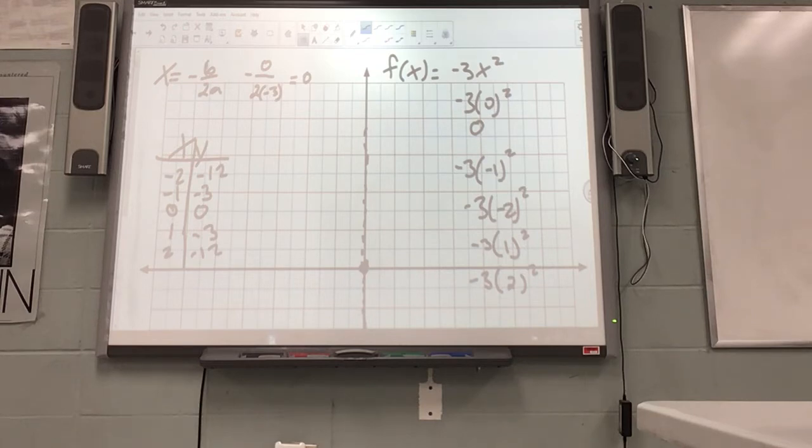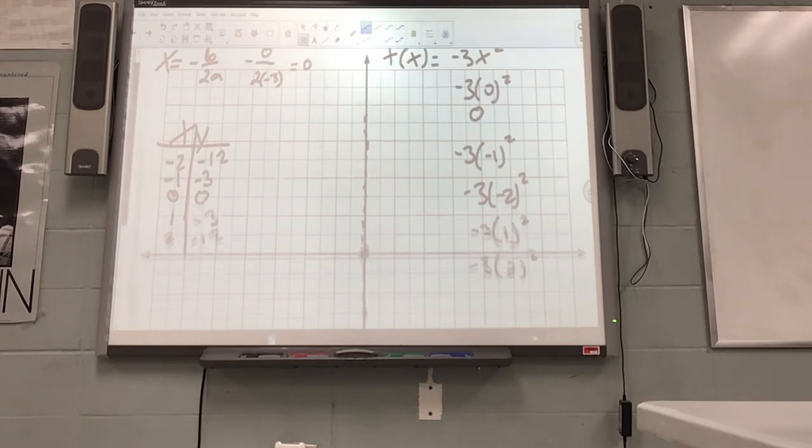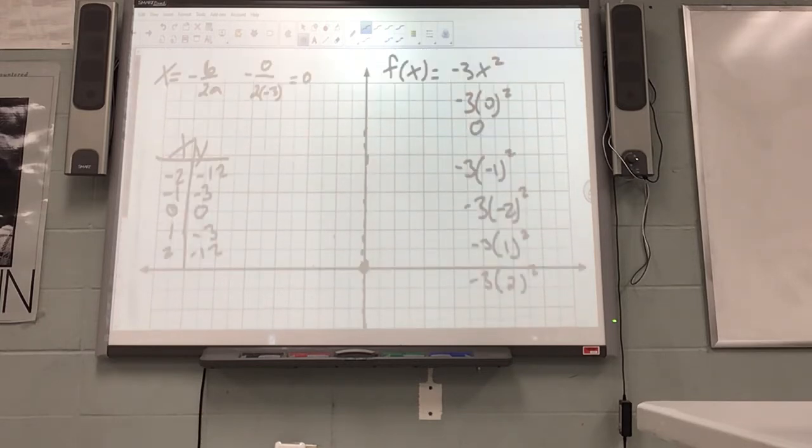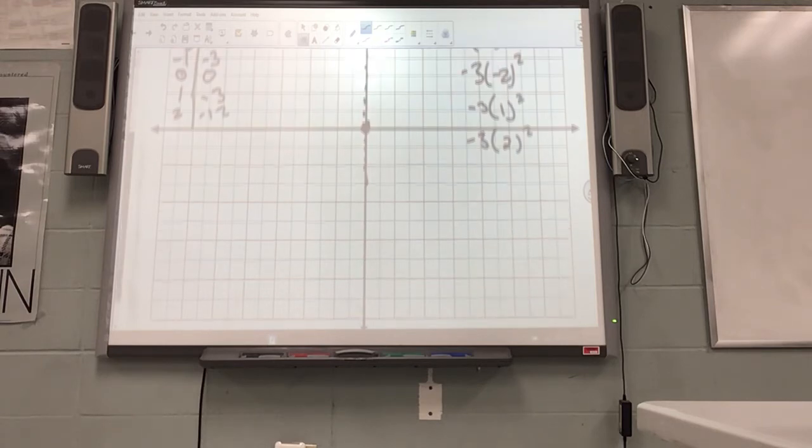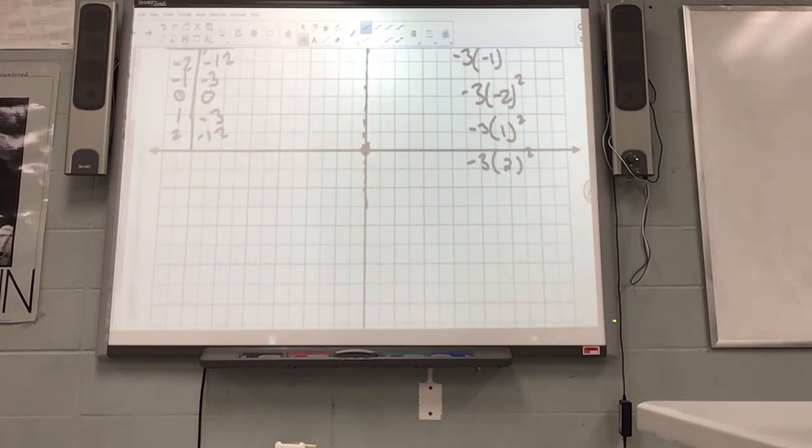Okay, so I got my 0, 0 already. So I'm gonna scroll this down because we're counting down to the negatives. Do we put arrows at the end of it? Yes, just like these, they do go forever. So I'm gonna do negative 2, negative 12.